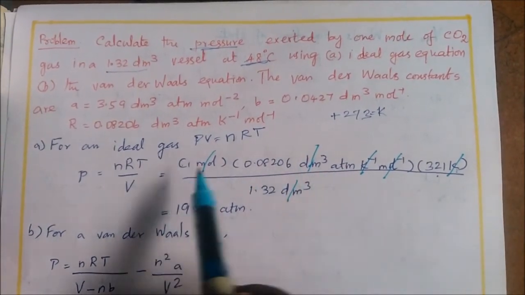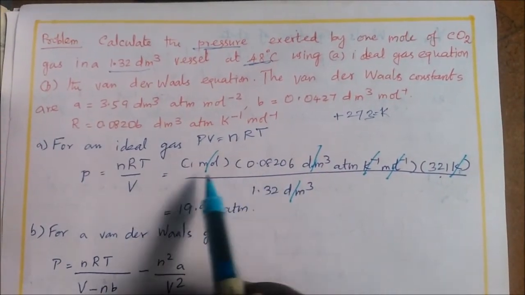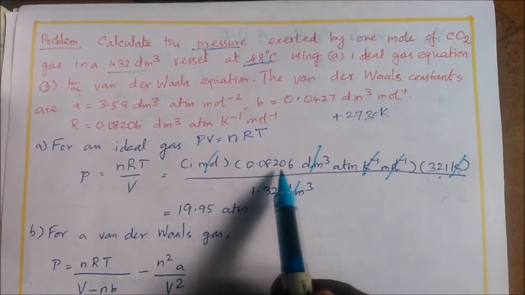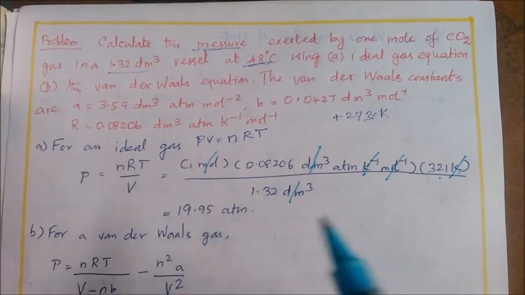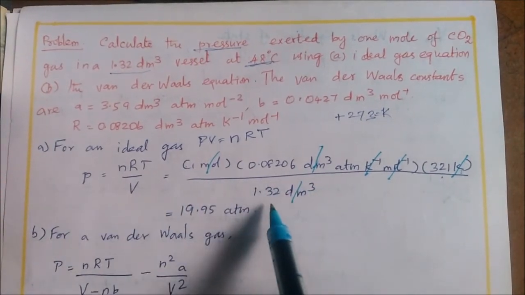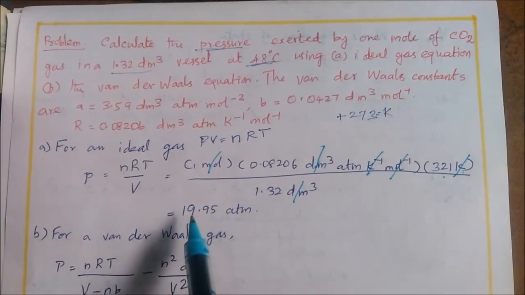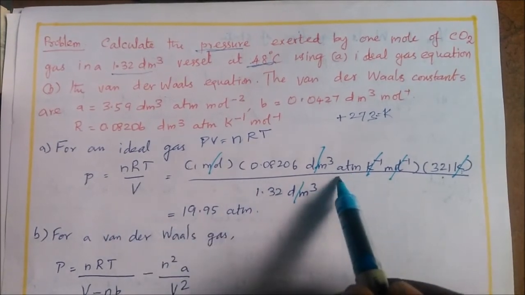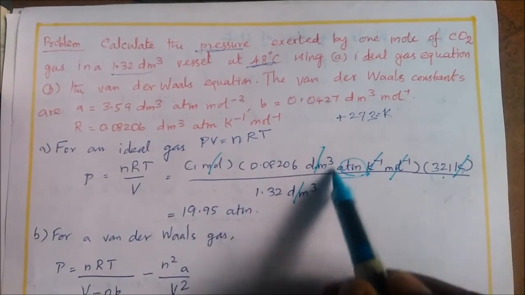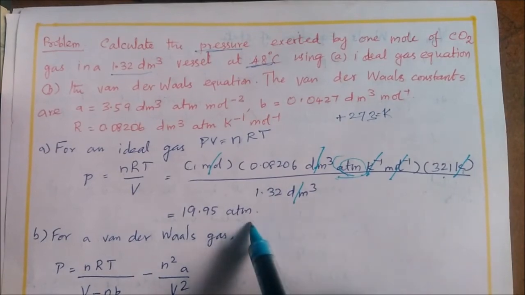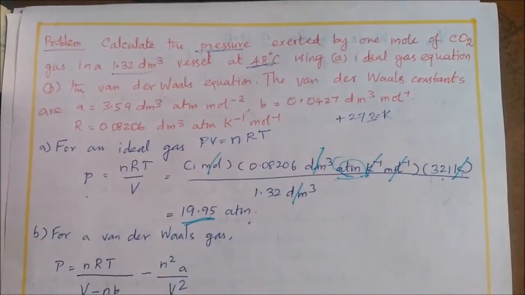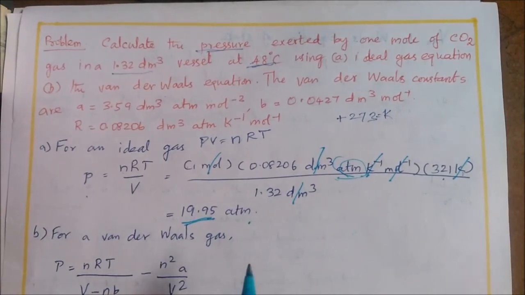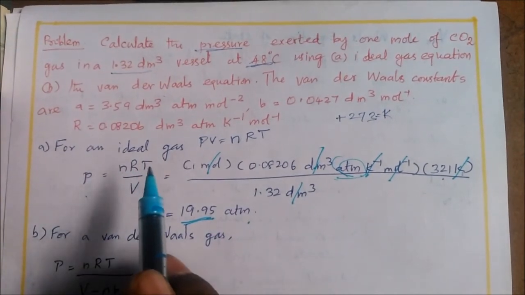So here atm, so when we multiply 1 into 0.08206 into 321, we will get a numeral value. When we divide that value by 1.32, we will get the answer as 19.95. Here we have atm, which is left behind, and should be written with it. So the pressure is 19.95 atm. This is the answer for the first part of this problem.